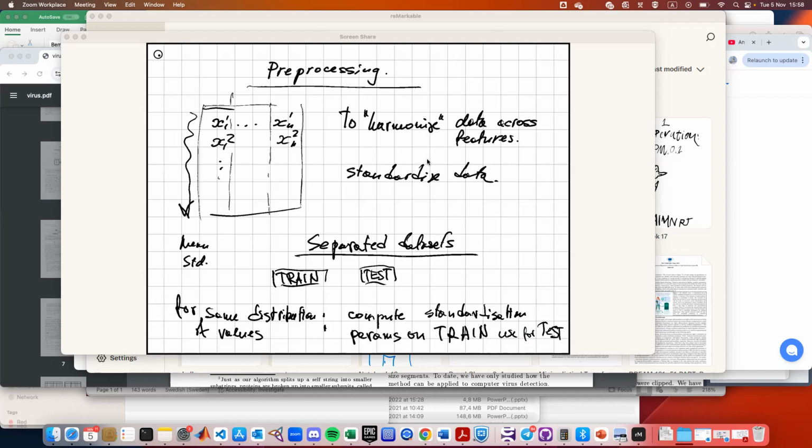Why can't we combine them and compute? Because you cannot combine them. By this you will immediately create data leakage, and that is what you want to avoid.